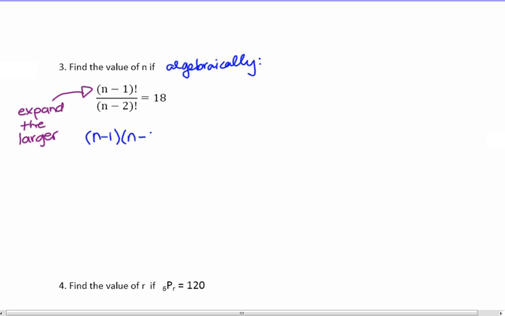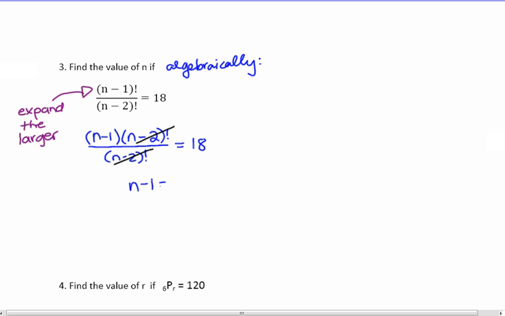Can I stop though? Yeah, so I can write that as n minus 2 factorial instead of keep going as n minus 2, n minus 3, n minus 4, all over n minus 2 factorial equals 18. And now that we've done that, what cancels? n minus 2 factorial. Yeah, the factorials cancel.